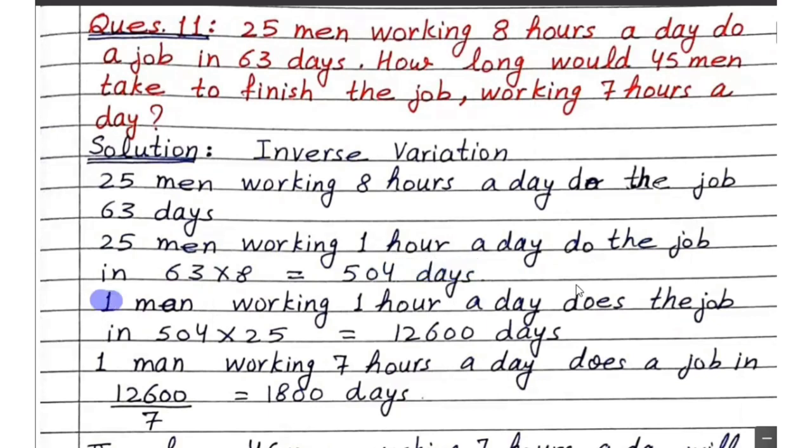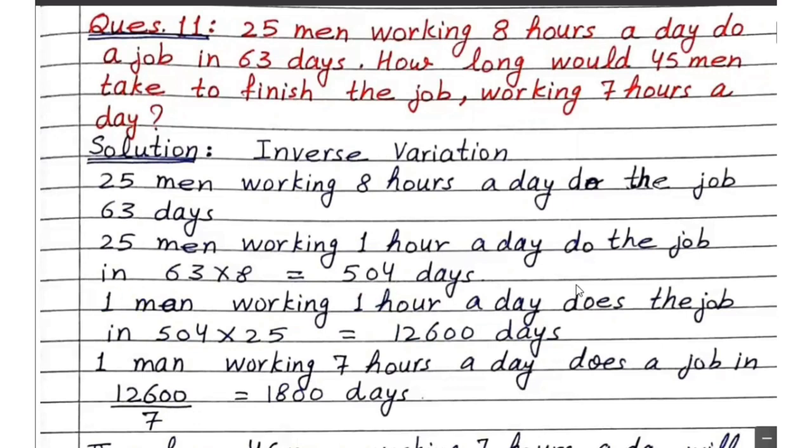Now, if only one man is working for 1 hour every day, how many days will that one man take? That is 504 into 25, that is 12,600 days. Students, he will take this 12,600 days when only one man is working for 1 hour.